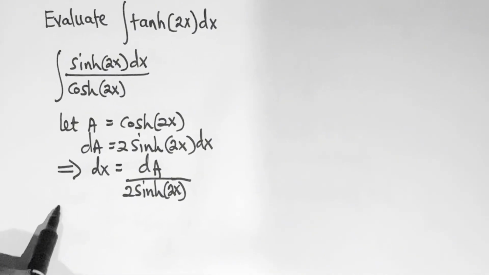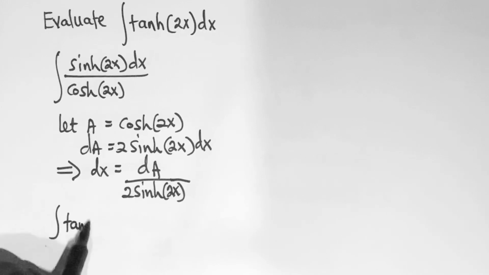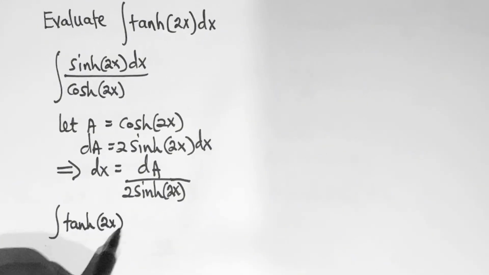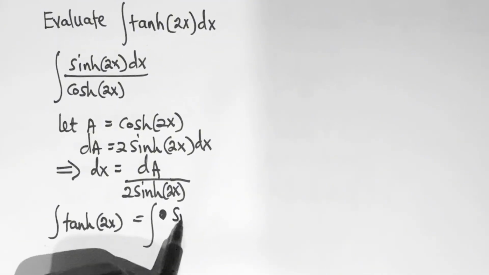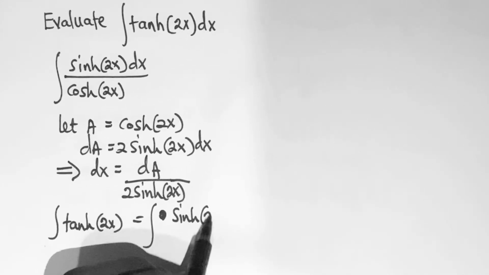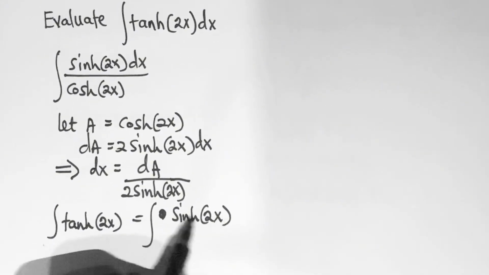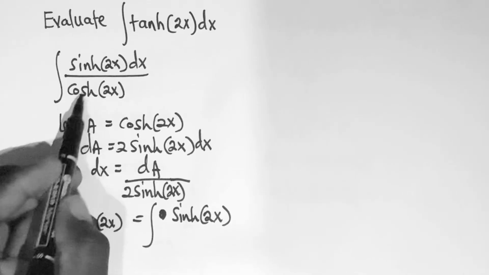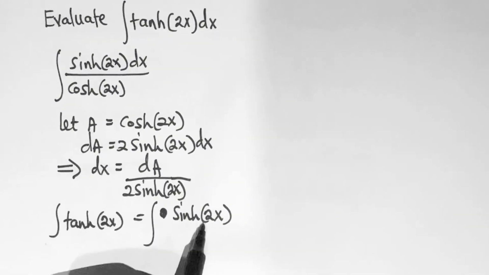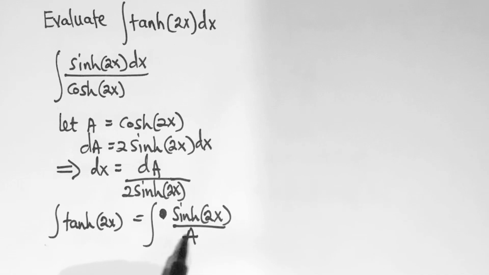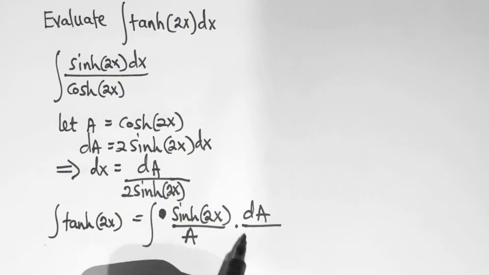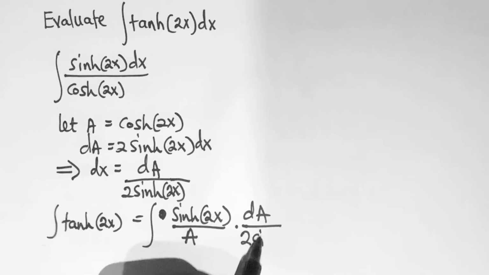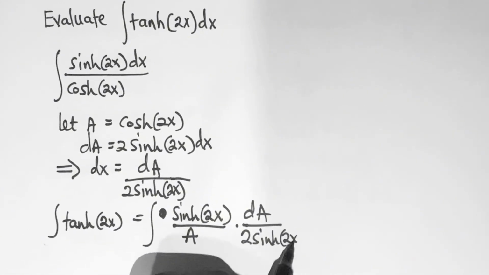So the integral is equal to integral of sine 2x, divided by cos 2x, but cos 2x is now A, so divided by A, then dx is dA over 2 hyperbolic sine of 2x.